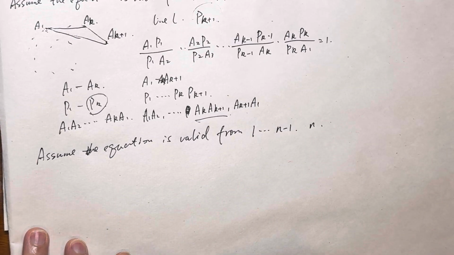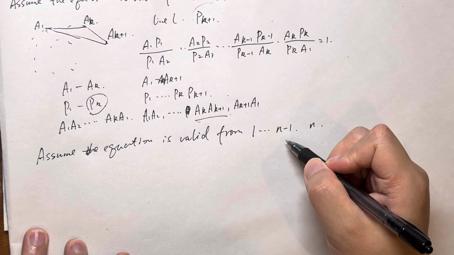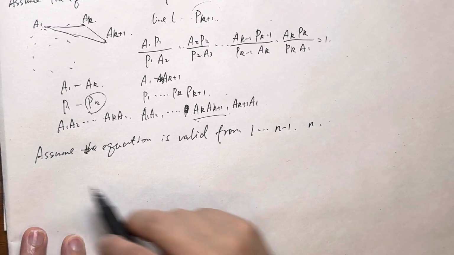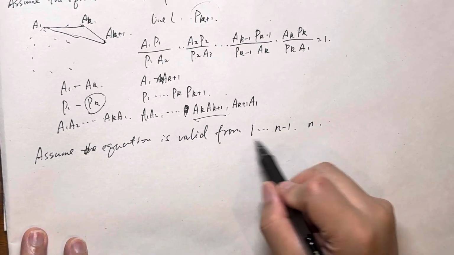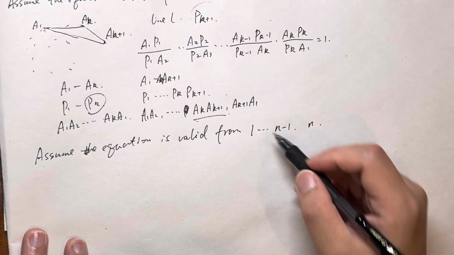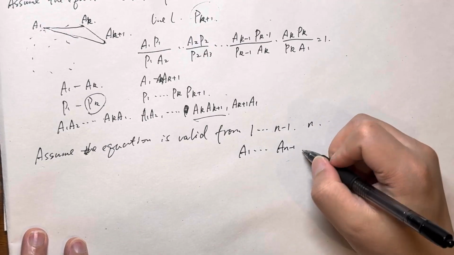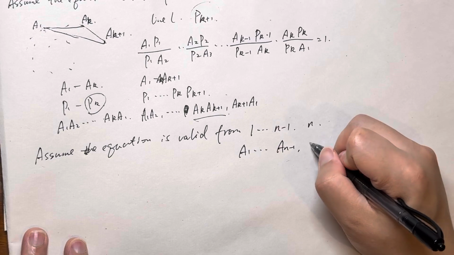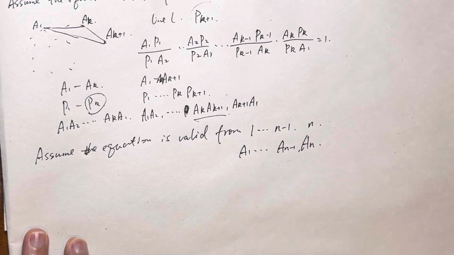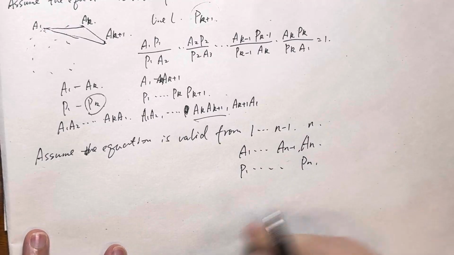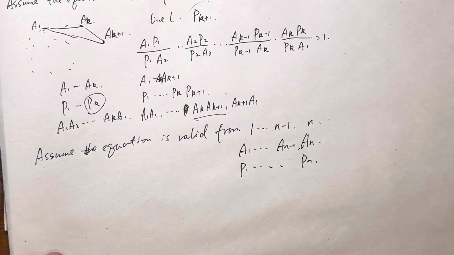So that means we just need to add a point that connects from n minus 1 back to A1. Okay, so it's valid for the points from A1 all the way to An minus 1, right? But we have the endpoints here. And P1 all the way to Pn still represents what it meant, right?